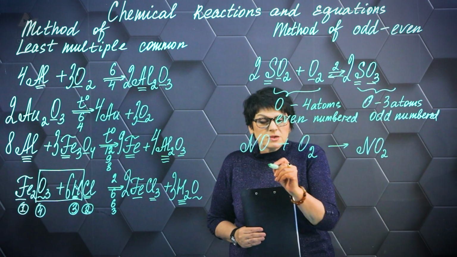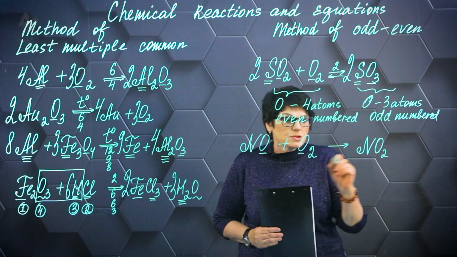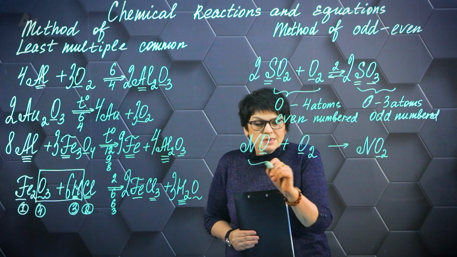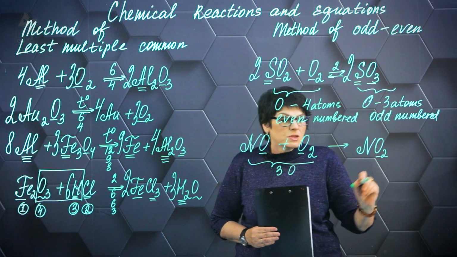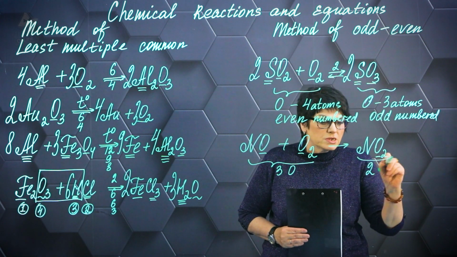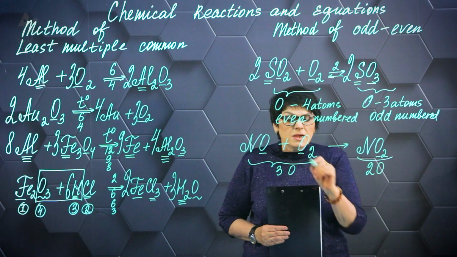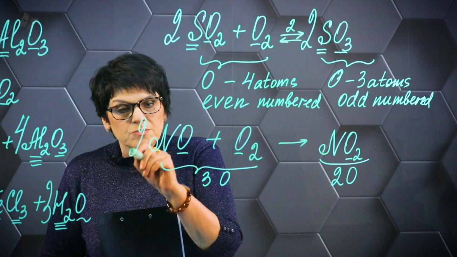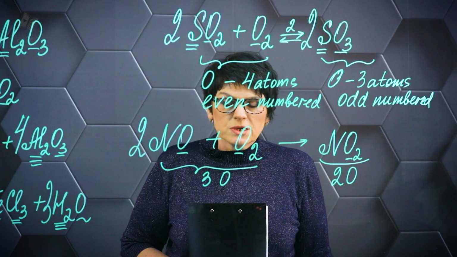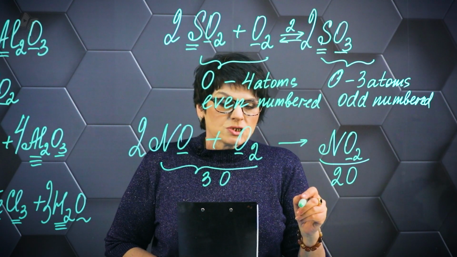So, now let's take a look. Let's begin with oxygen. On the left side, we have a total of 3 oxygen atoms, whereas on the right side, we have a total of 2 oxygen atoms. Here we have odd, here we have even. And here we go again. Before that, we set an even coefficient of 2. Now let's get back to work.